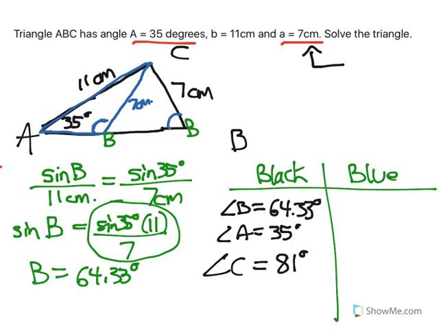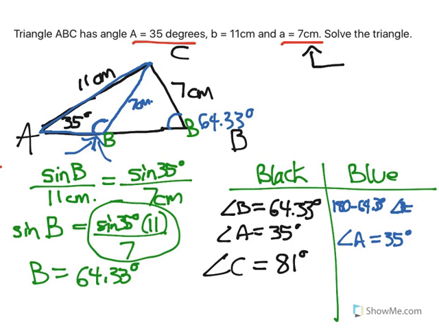Now, in our blue triangle, we know angle A still has to be 35. We can't change that because that was given in the question. But angle B could also be this one. Instead of the acute angle of 64.33, how do we find this possible answer? Well, it's just 180 minus 64.33. So angle B equals 115.67 degrees.